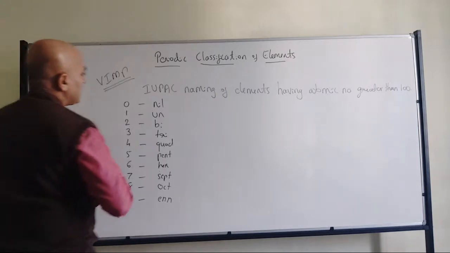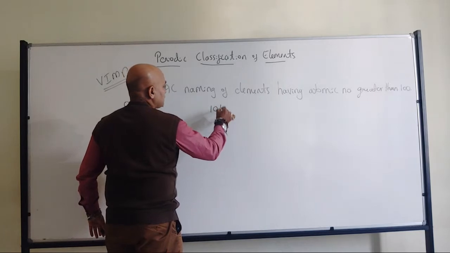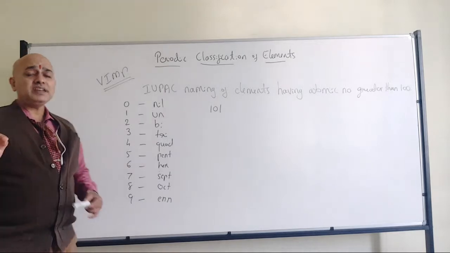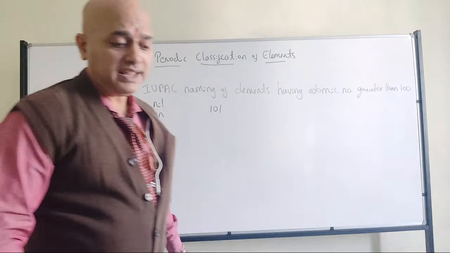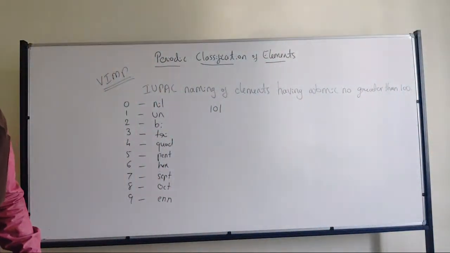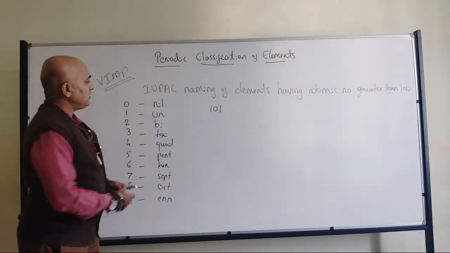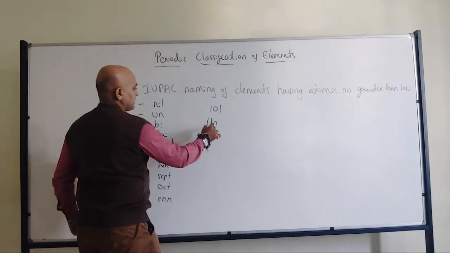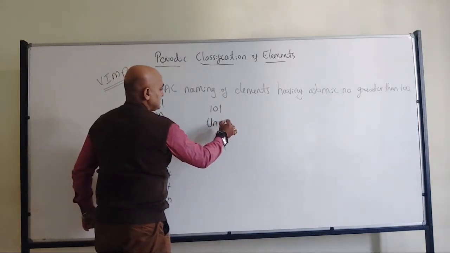For example, I want to name the element with atomic number 101. It's very simple. Every element name should end with ium. In this case, 1 is un, so we write Un. Next, 0 is nil.